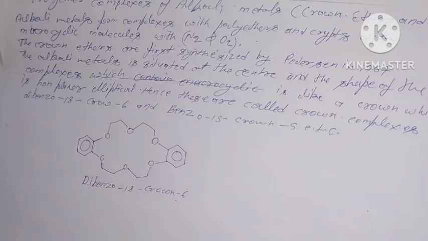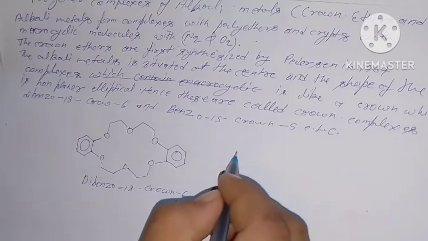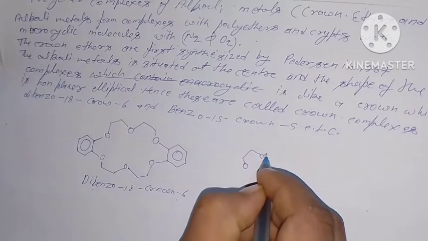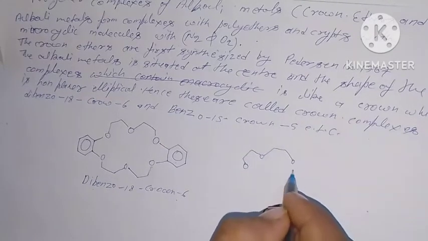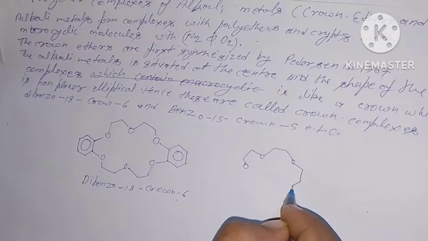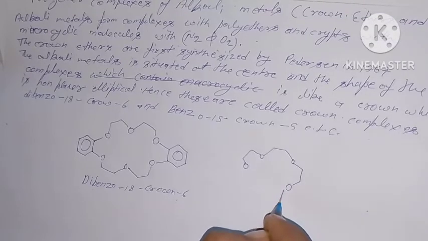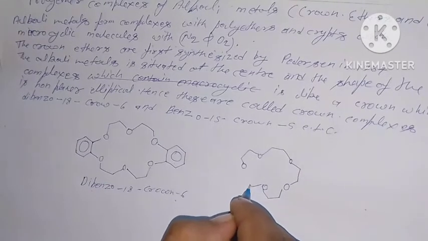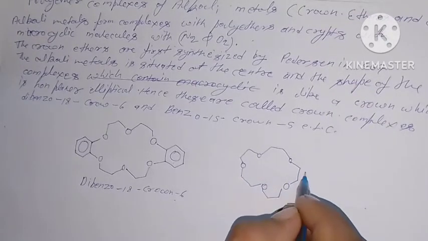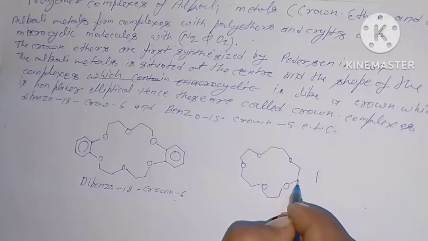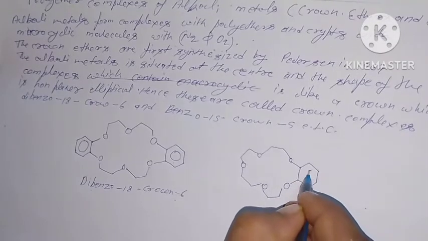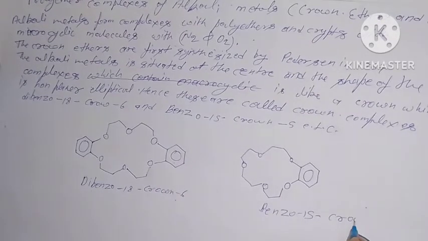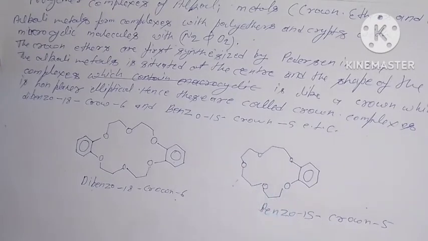benzo 15. Oxygen. This is benzo 15 crown 5. 1 2 3 4 5.